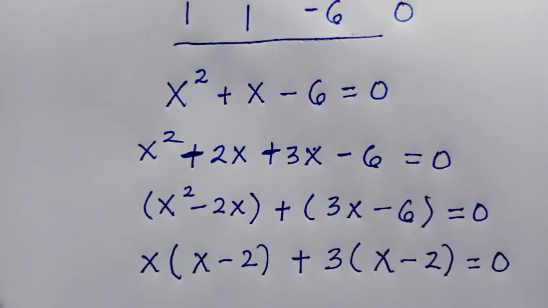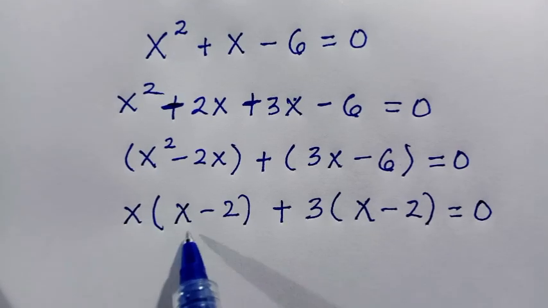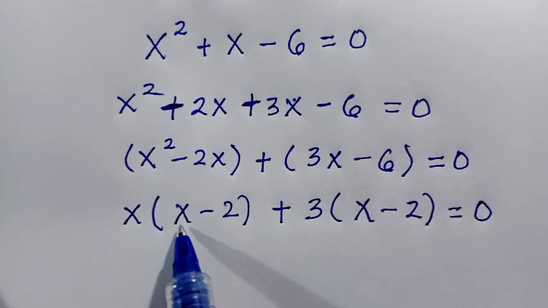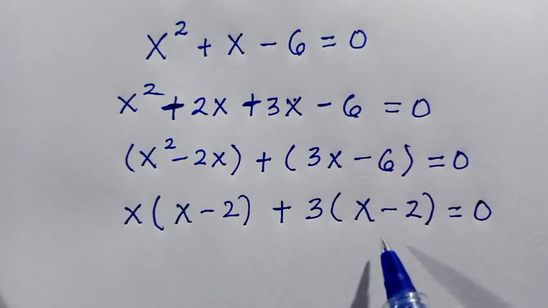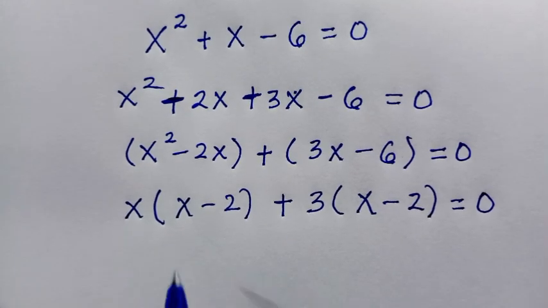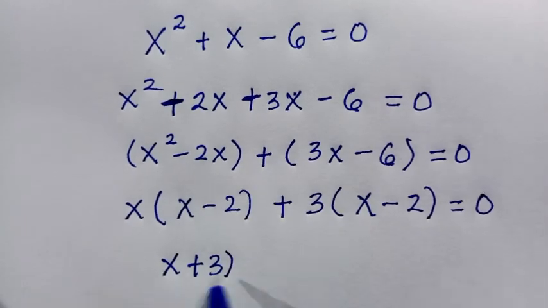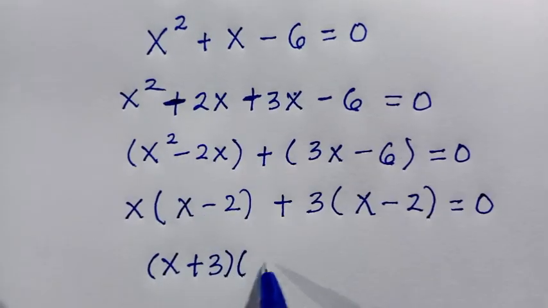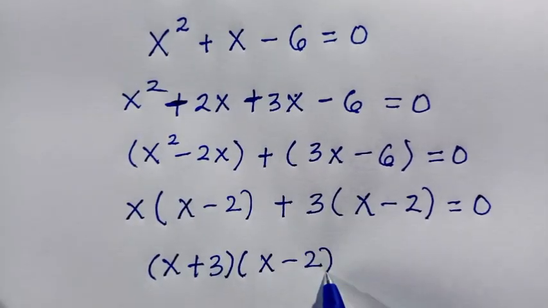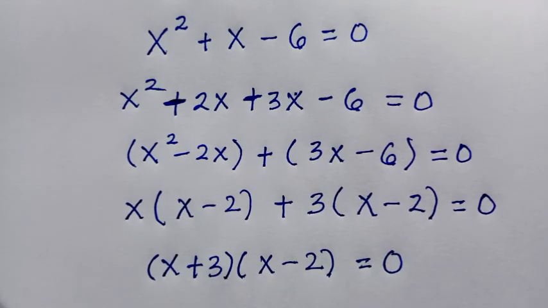This is a basic quadratic factorization. We take one of these factors, since we have x minus 2 and also x minus 2, and we combine the coefficients as x plus 3 bracket x minus 2 equals 0.